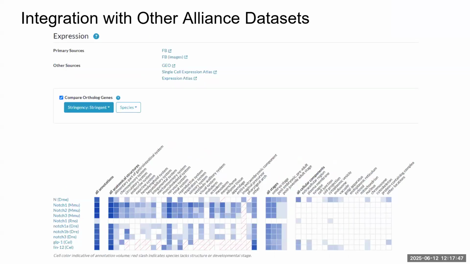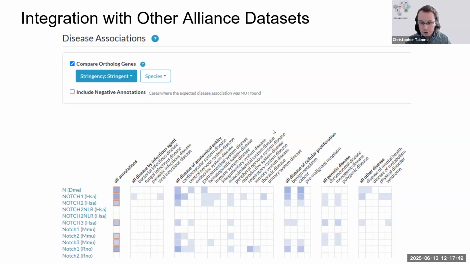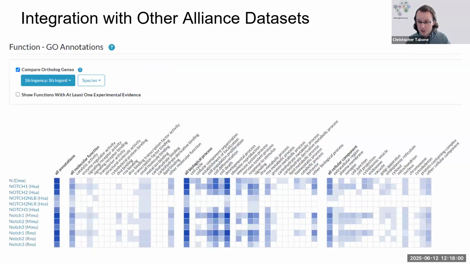Great. So what's the color for? The color is for the number of annotations. The darker the color, the more annotations exist for that. You mean child terms of the GO terms? Yeah, I believe so. It's data supporting that functional annotation, right? Yep. So it's the publication count? Not necessarily. Annotation count would be more accurate, right?